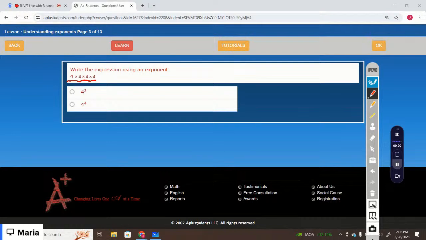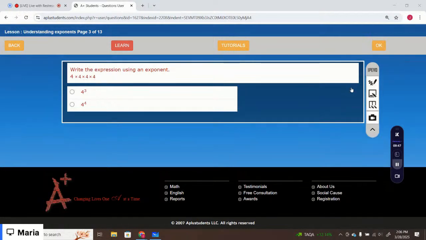So we're going to multiply 4 how many times? 4 exponent 4. Option number 2 is the correct option.